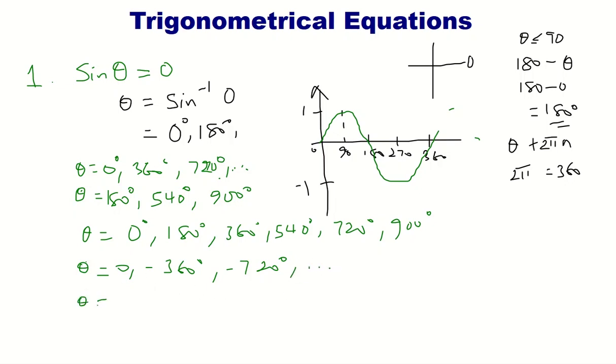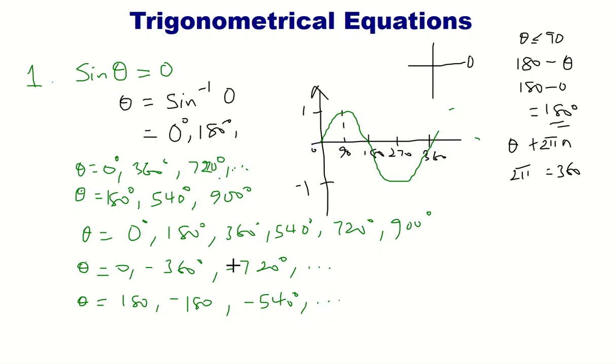Then when theta is 180, do the same. Get 180 minus 360, and you get negative 180. And when you subtract again, we shall get negative 540 degrees, and so on and so forth.